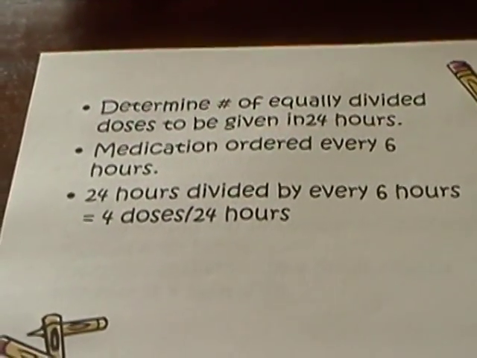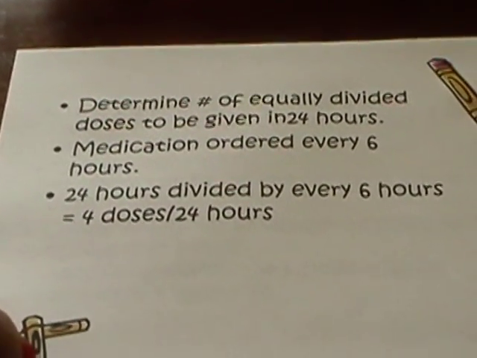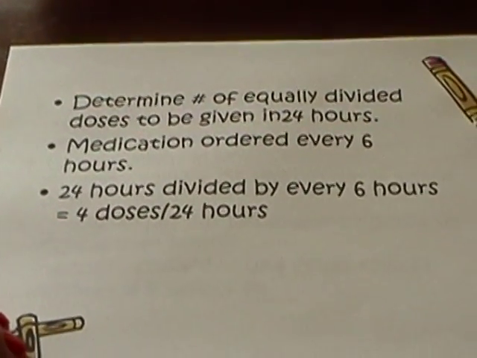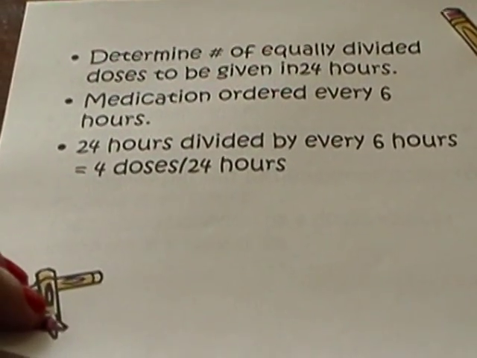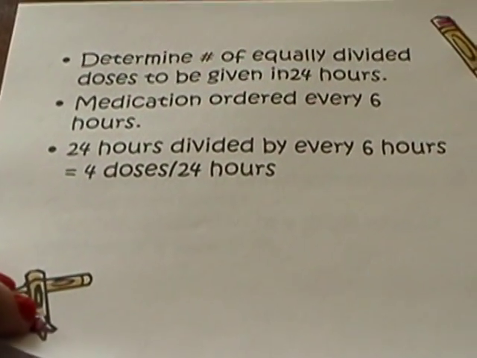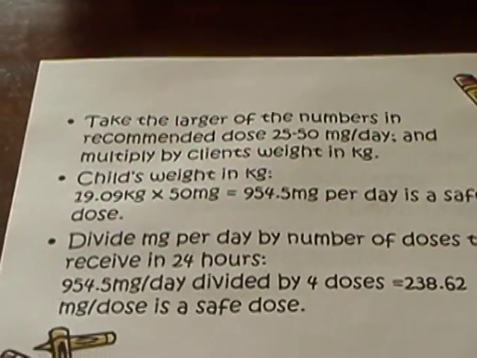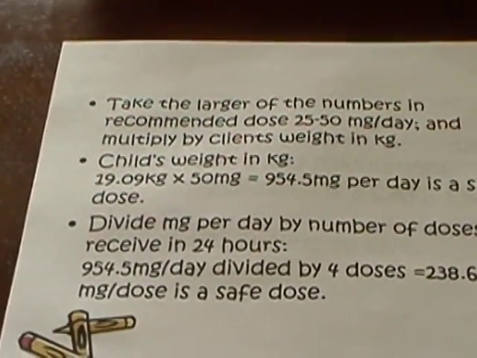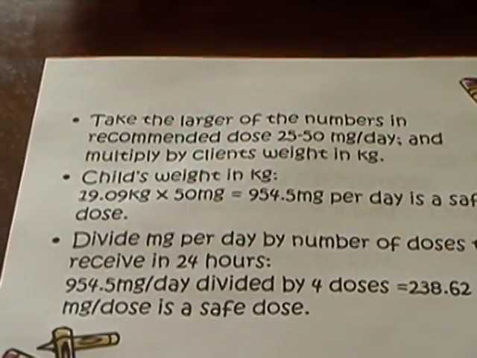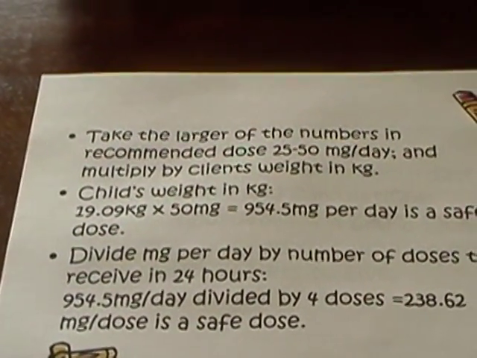Next, we need to determine the number of equally divided doses to be given in 24 hours. Our medication ordered is every 6 hours. 24 divided by every 6 hours equals 4 doses in a 24-hour time frame. We take the larger number of the recommended dose range of 25 to 50 milligrams per kilogram per day and multiply the client's weight in kilograms by that largest number.